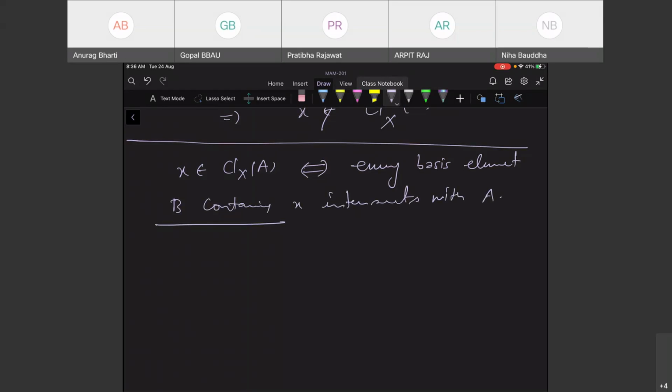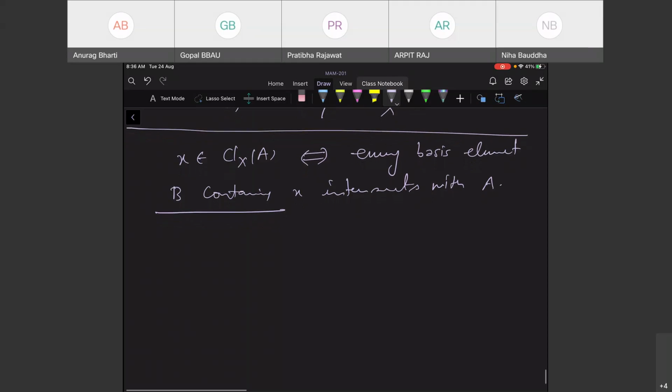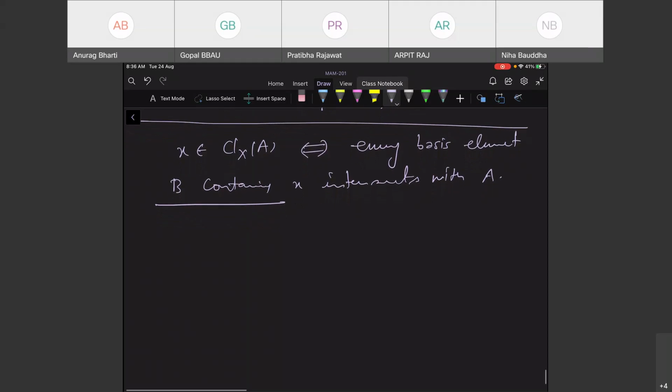Every open set contains a basis element because every open set is a union of basic sets. I left this as an exercise for you.